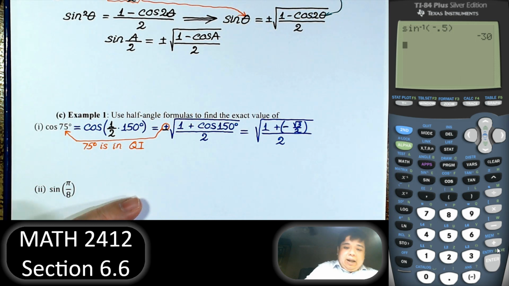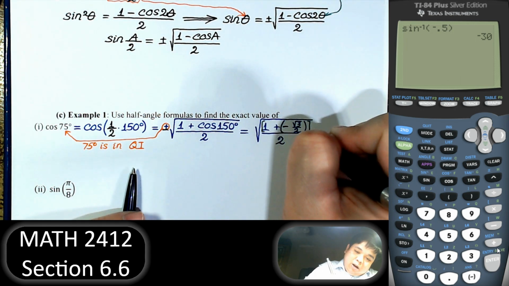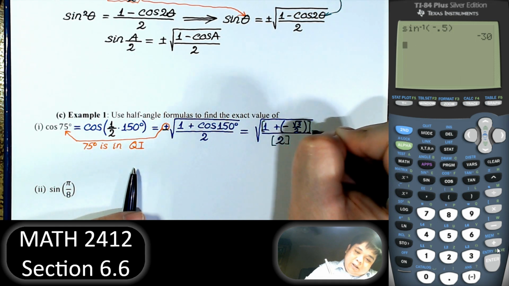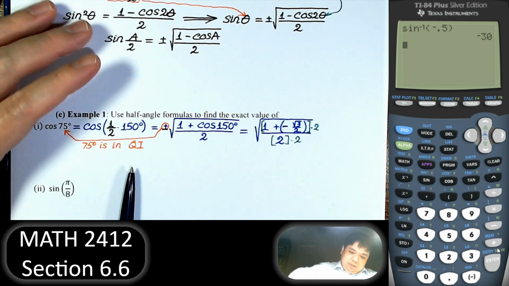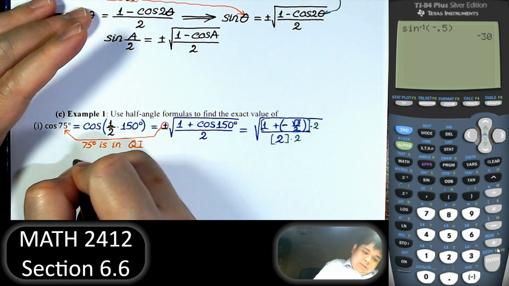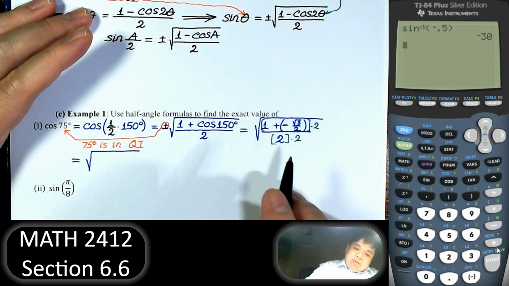Right. Now to simplify this fraction, I will multiply top and bottom by 2. So we have square root of 2 times 1 is 2.